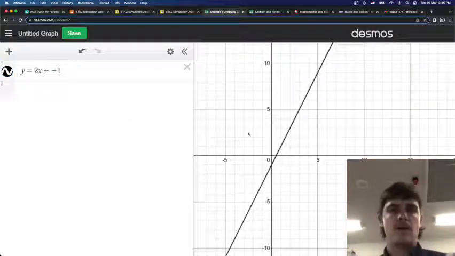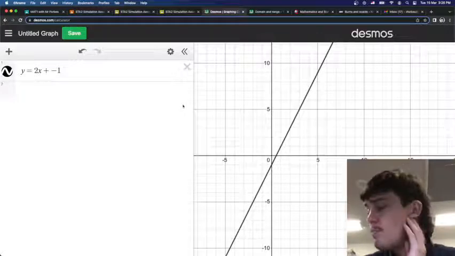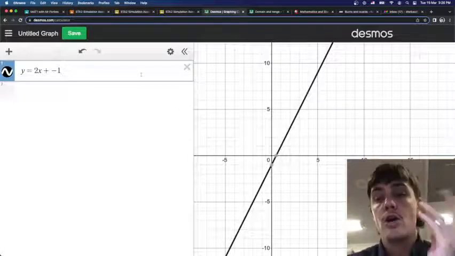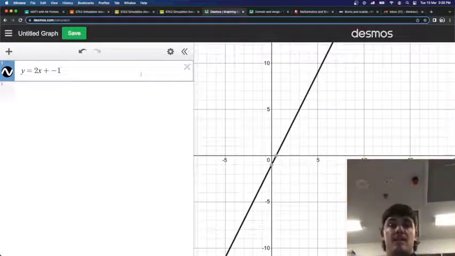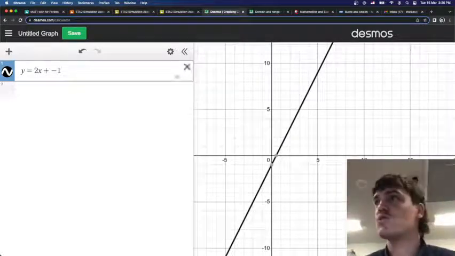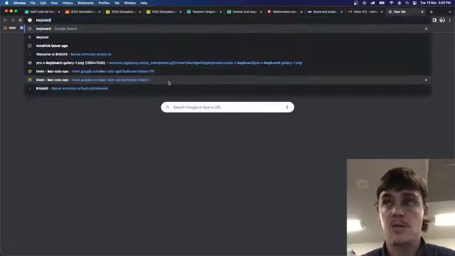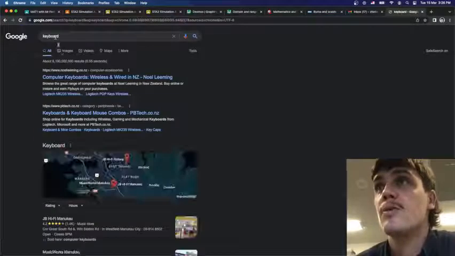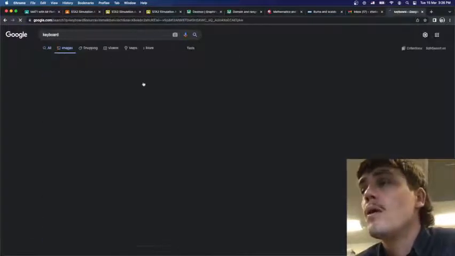Now, you guys should have done this back in year 11, but we're taking it to a higher level now. You can restrict where that graph is happening, and you can use these squiggly brackets. I'm going to show you where the squiggly brackets are on your keyboard.